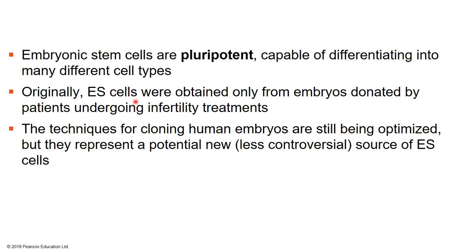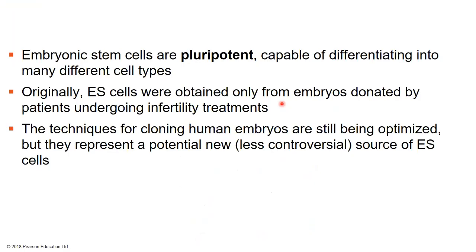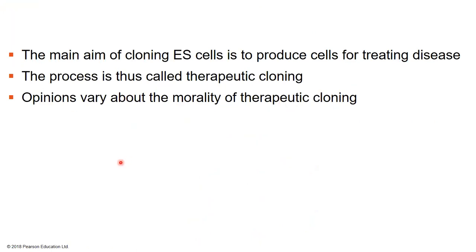That's why, because of the religious and ethical concerns of using embryos as a source of embryonic stem cells, researchers are now more focused on doing studies or experiments with adult stem cells and induced pluripotent cells, which we will be discussing later on in this lecture.